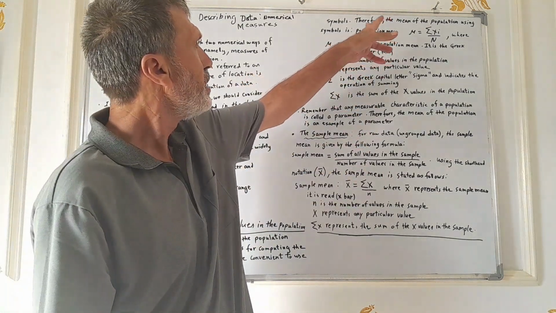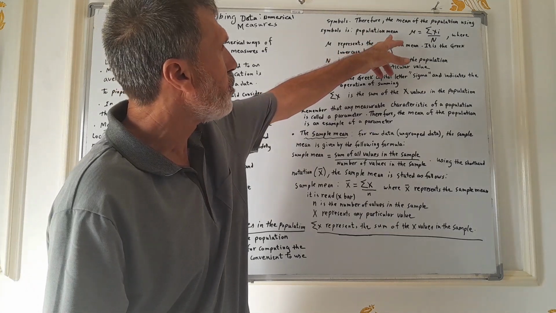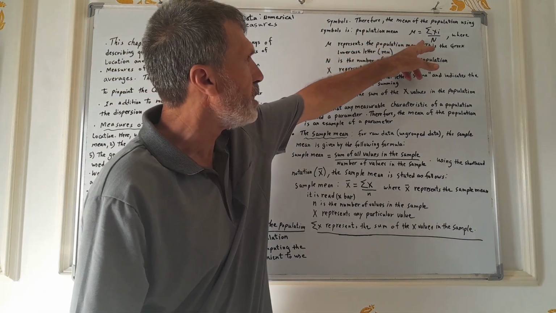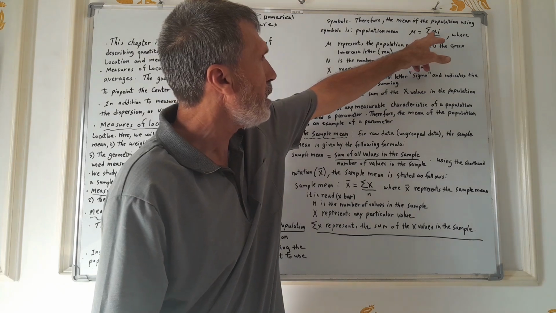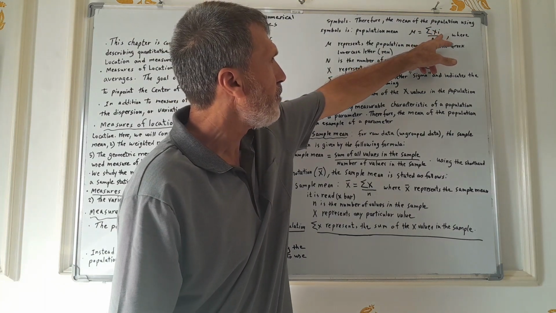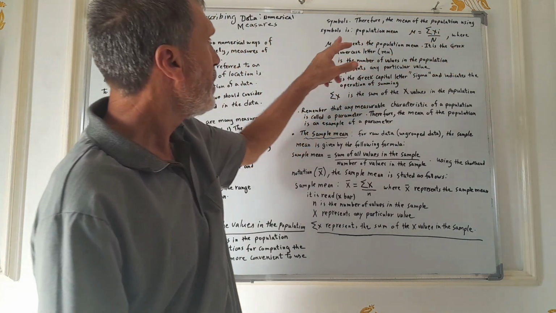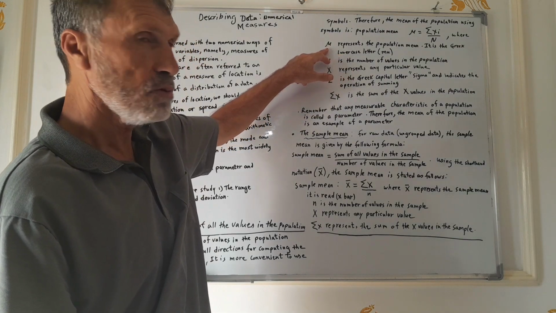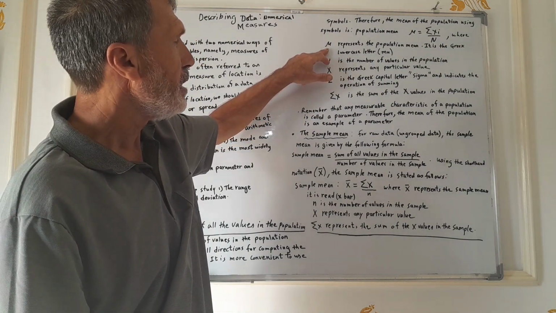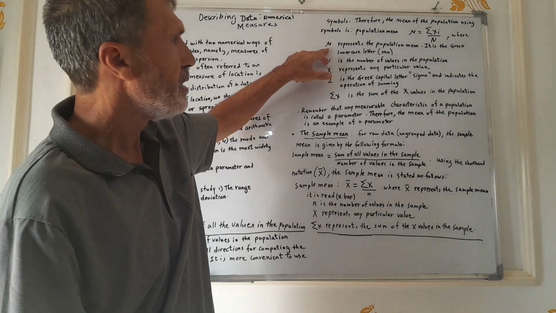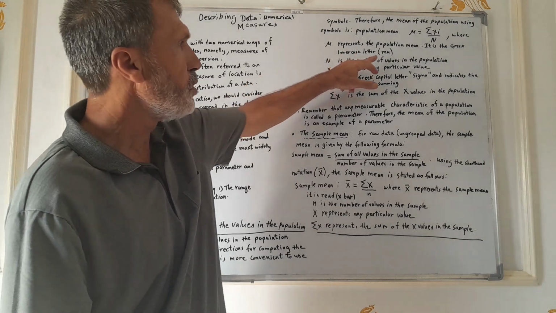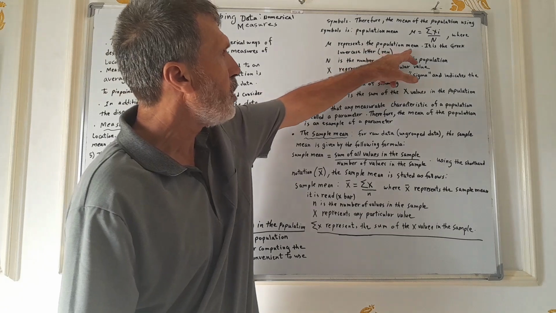And so here the population mean is represented by this formula: mu equals the summation of xi over n, where this symbol mu, a Greek lowercase letter, represents the population mean.